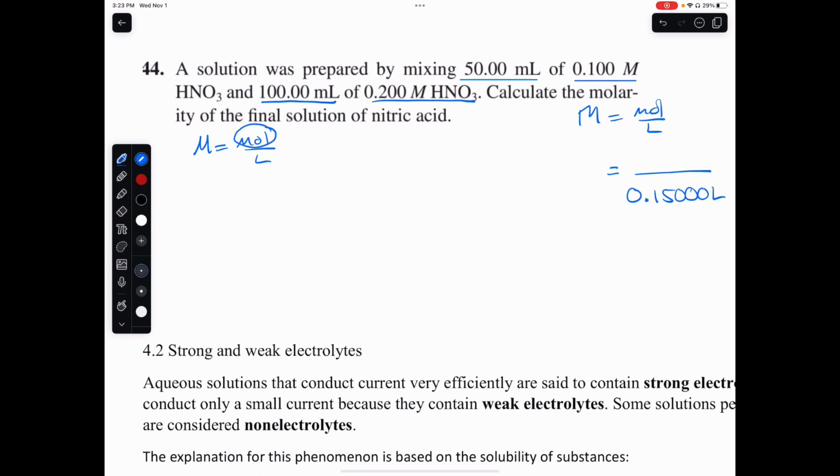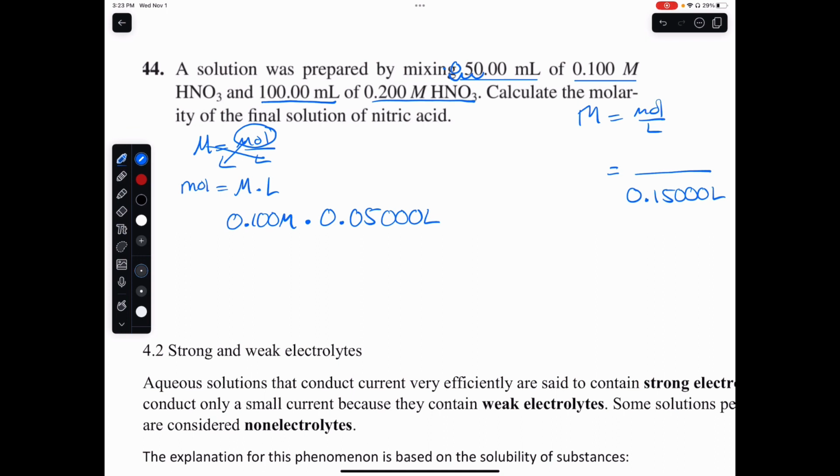So moles then, if we cross multiply, is molarity times liters. So for the first solution, I had a 0.1 molarity and a 0.05000 liter solution. That's the first solution.